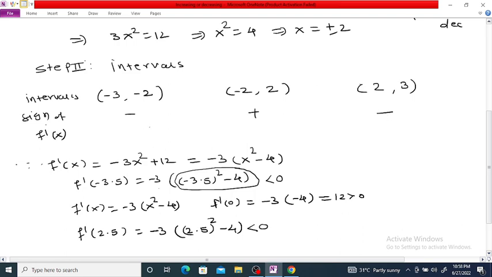So the function is decreasing on minus 3 to minus 2 and 2 to 3, and increasing on minus 2 to 2.